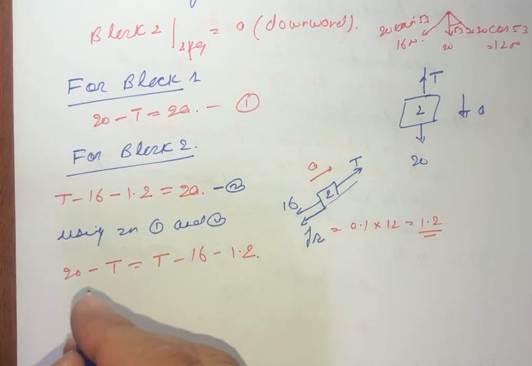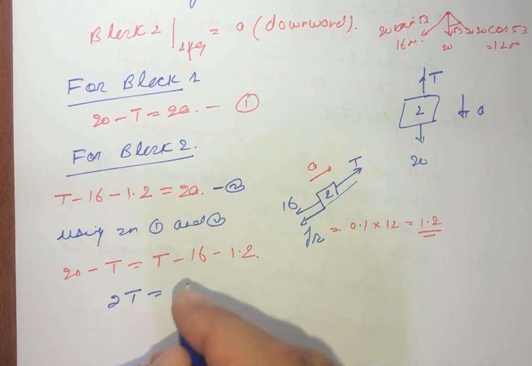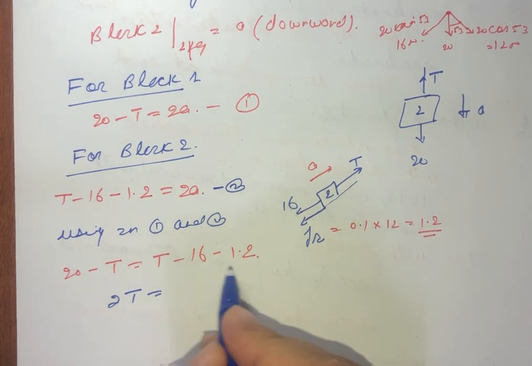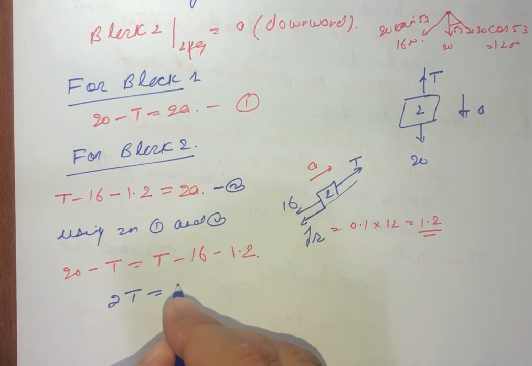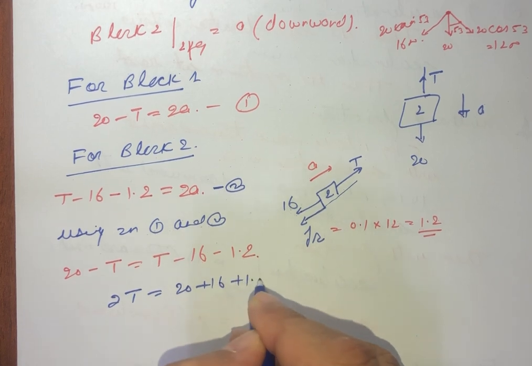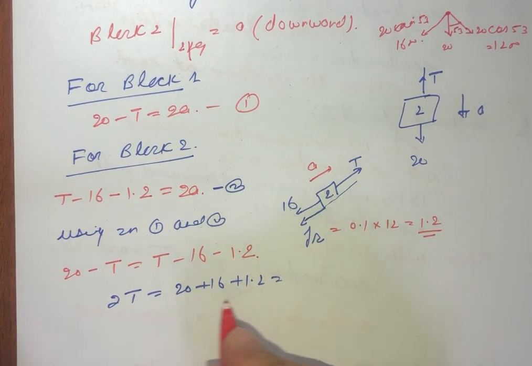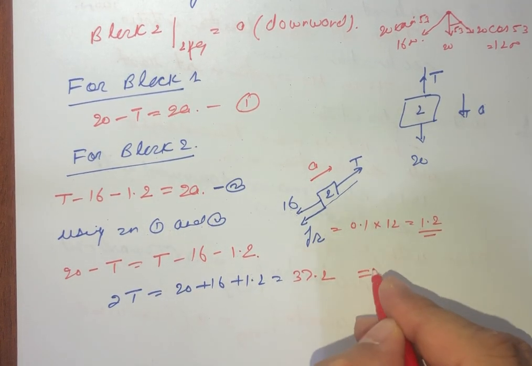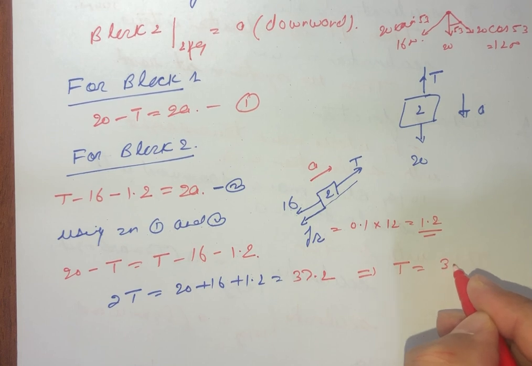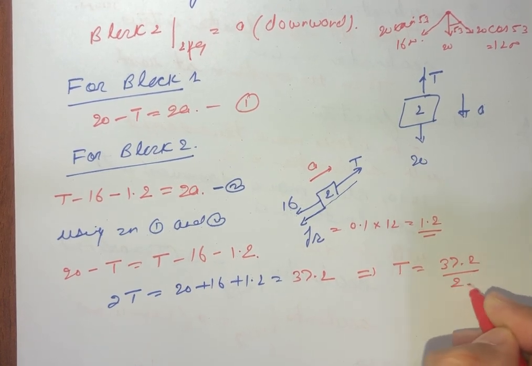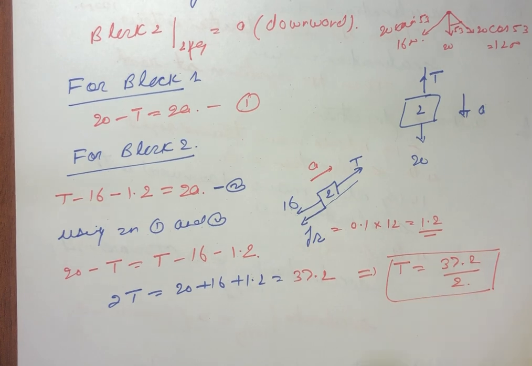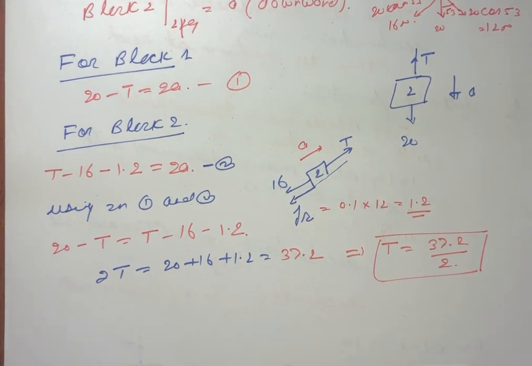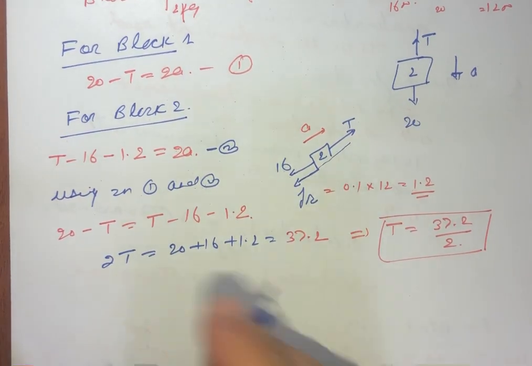So we get 2T will be equal to 20 plus 16 plus 1.2, so this comes as 37.2. From here we can say T is equal to 37.2 divided by 2. This is our tension T, and we can use any one of the equations. Let us put in equation 1.